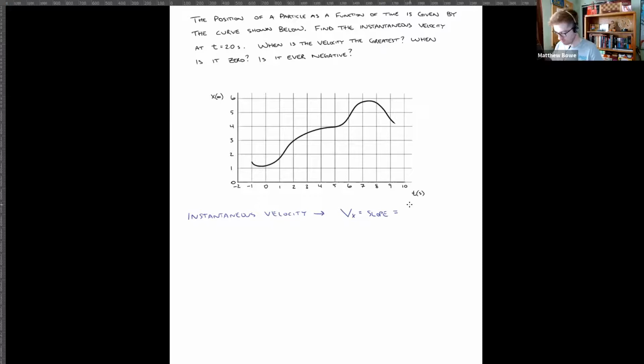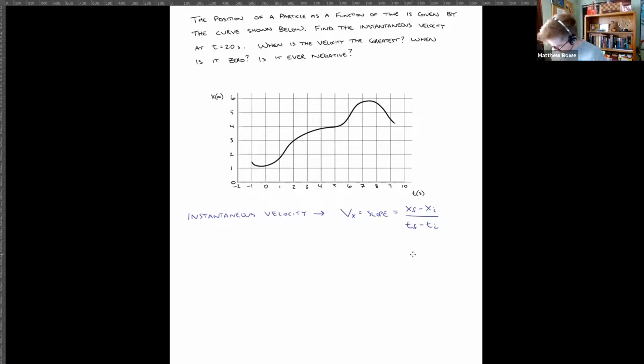That is just rise over run. So how much does the line rise in the y direction? That is going to be the unit for x position right here. So x final minus x initial. And how much does it run? How much does it move to the right or left? That is the time, t final minus t initial.